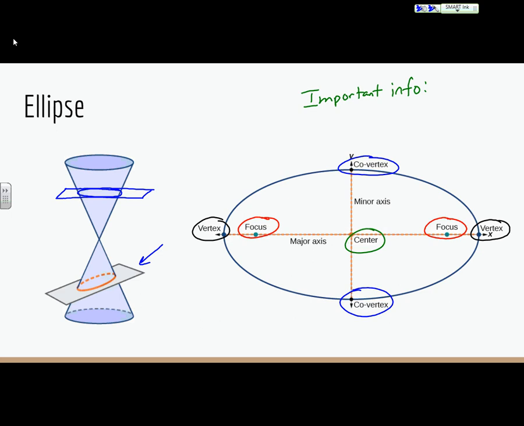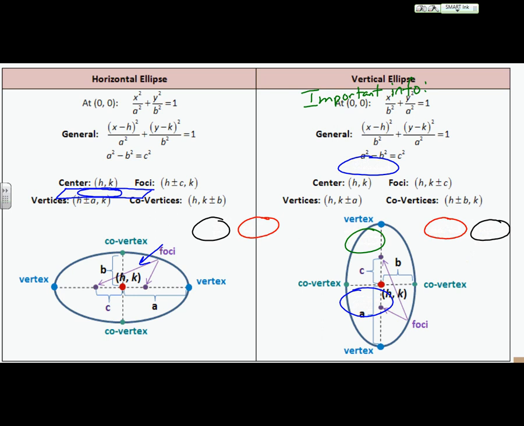Notice I didn't say the major axis is the horizontal line of symmetry, because it's not always going to be a horizontal ellipse like we have here. Just like the parabola can face up, down, left, right, the ellipse can be oriented horizontally or vertically.